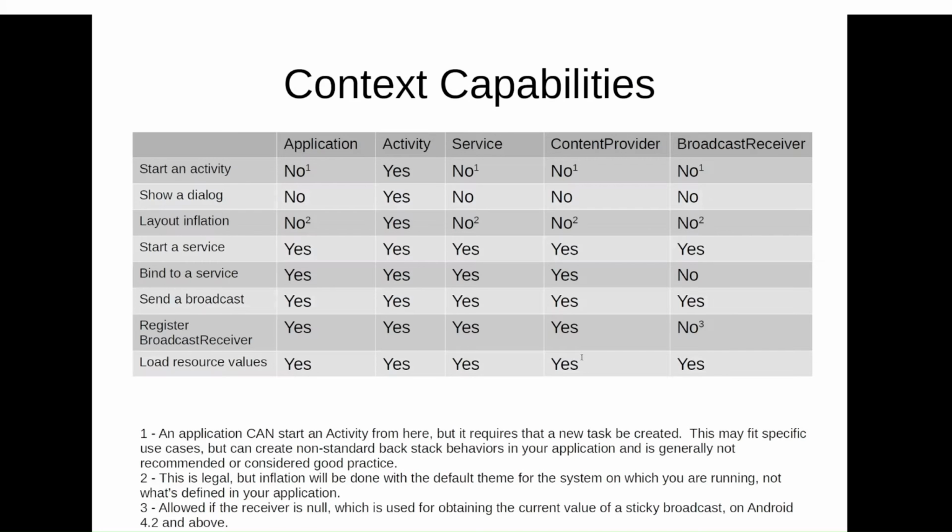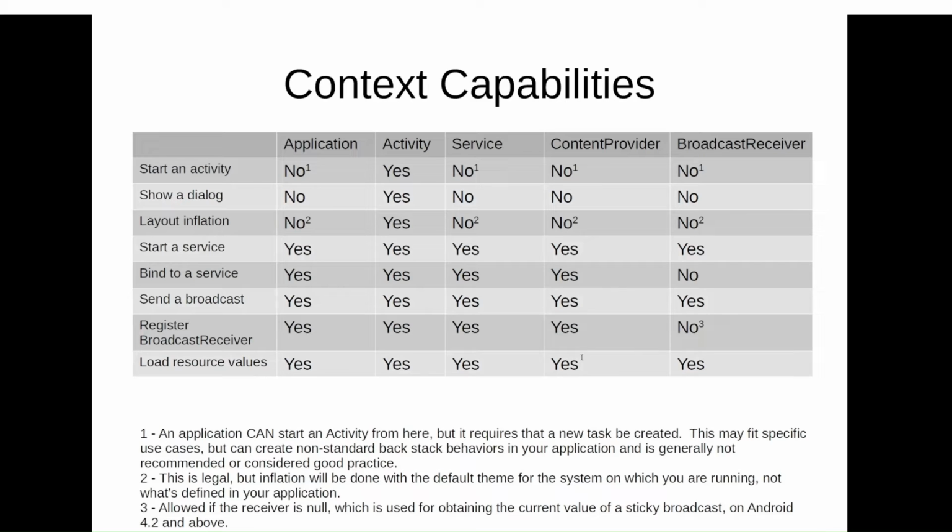Now, it turns out that those context objects are the least capable in terms of what they are able to do, whereas the context object presented by an activity is the most capable. It is able to do essentially anything that a context object can do. So the source of a context object is going to impact what it is you can or cannot do.